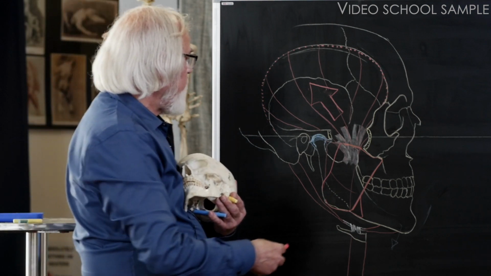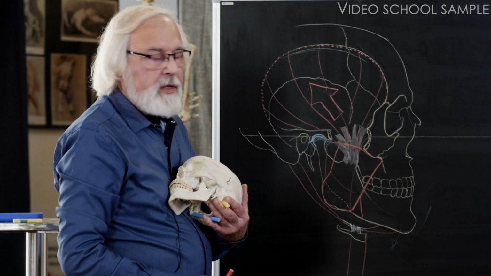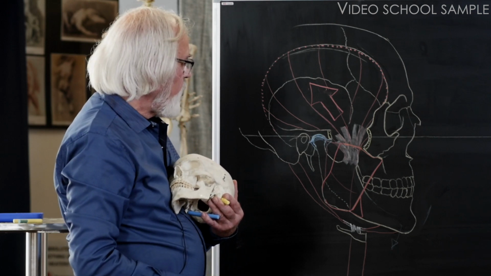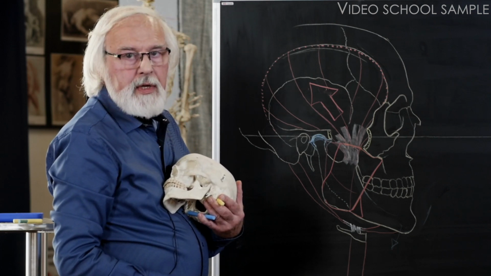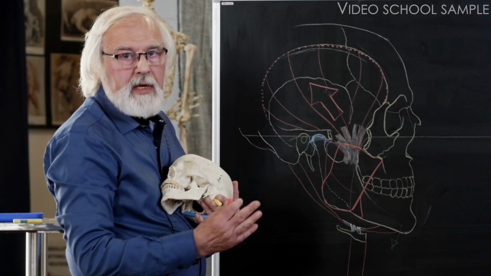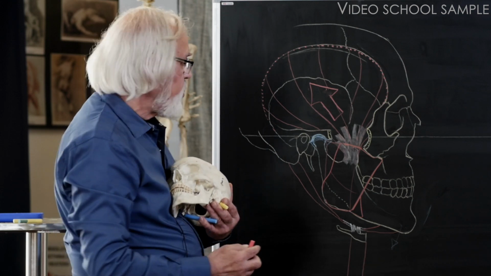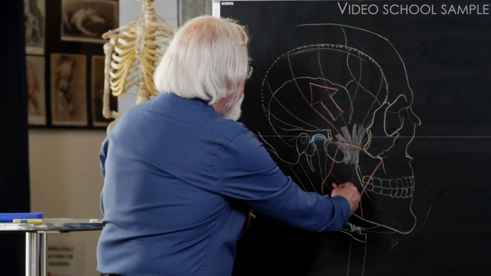The masseter muscle works in sync with the temporalis muscle, but its action is slightly different. To make this clearer, let's draw an arrow that will show the direction of the pull of the muscle when it lifts the lower jaw. Here's that arrow.